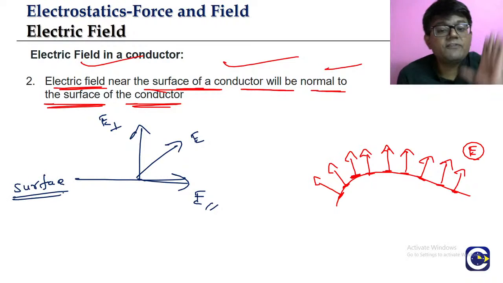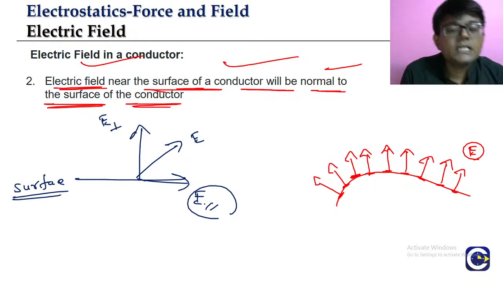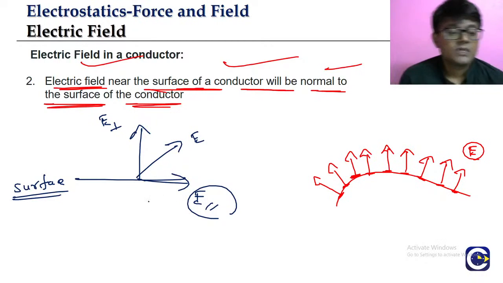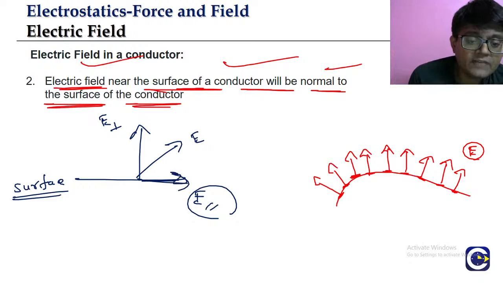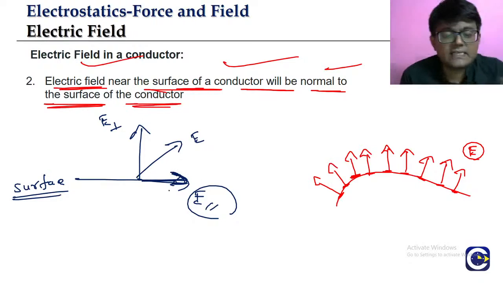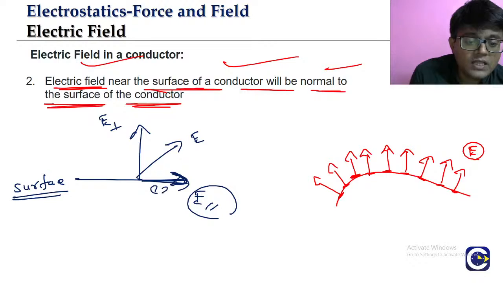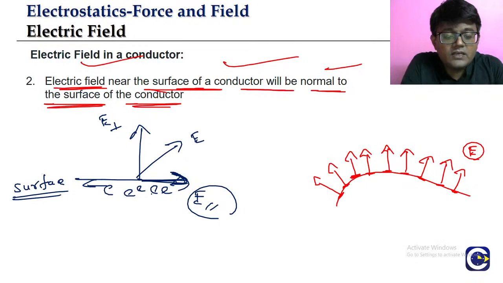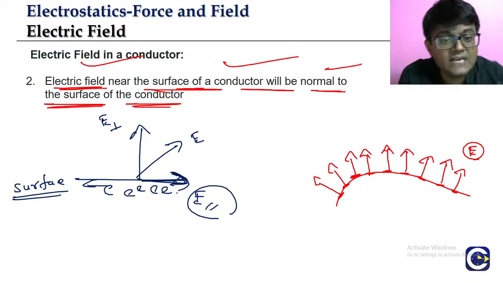Okay, if the electric field has a parallel component, then what will happen? Because there is an electric field along that metal surface, the electrons on the surface will all be redistributing. How? If the electric field is towards the right side of the surface, then electrons will keep moving towards the left side.